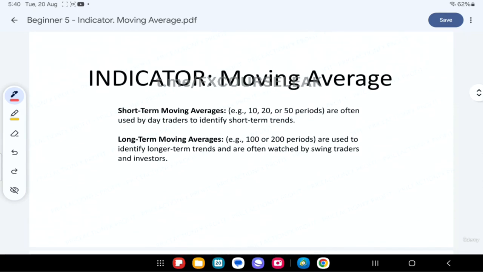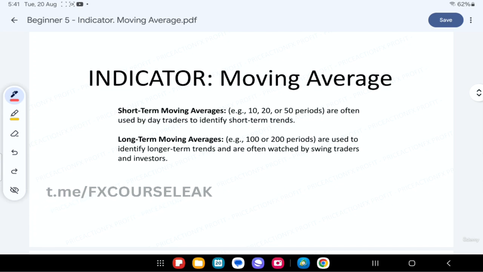In moving average, some are for short-term use and some are for long-term use. For short-term use, periods of 10, 20 or even 50 are often used in day trading. Day trading means that today you enter your trade, and it will last a maximum of about 2 to 3 days, or even intraday, if within a day the price reaches your target.